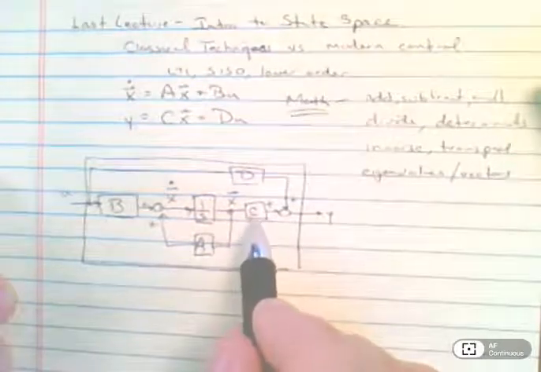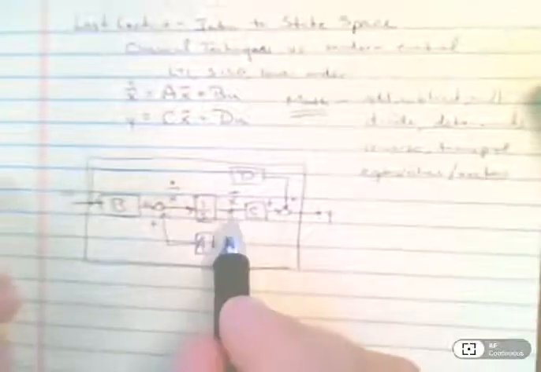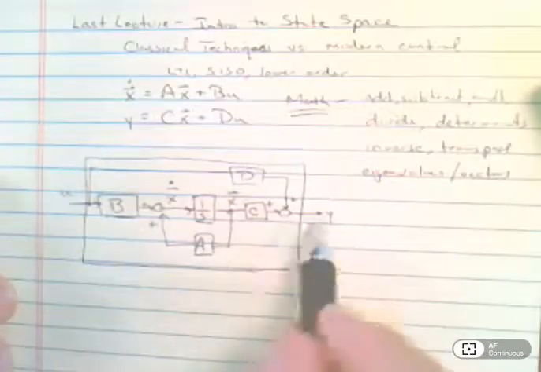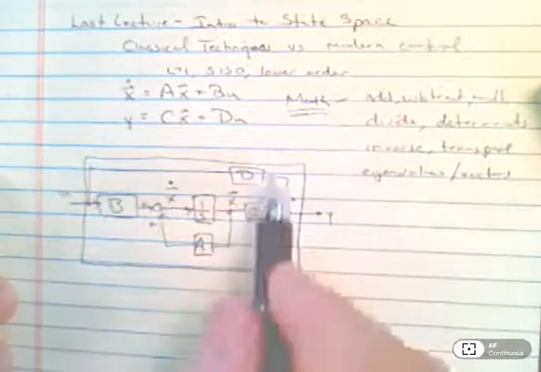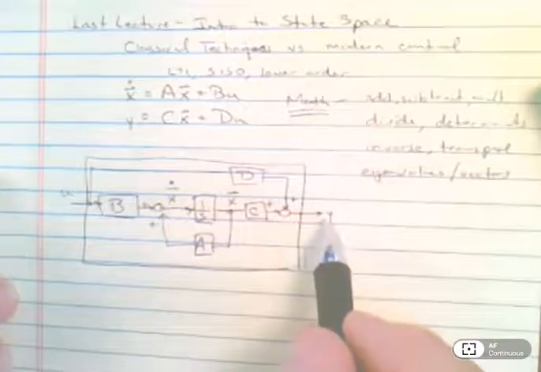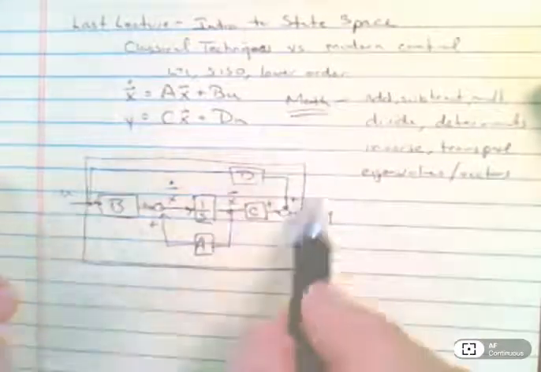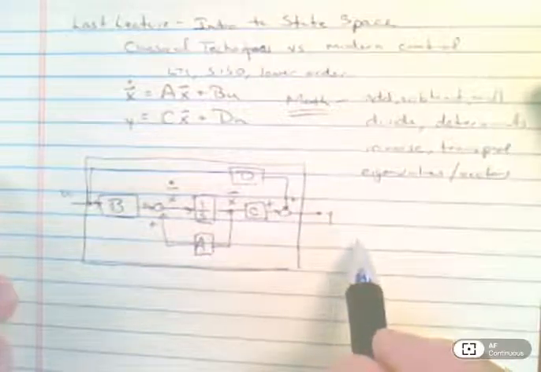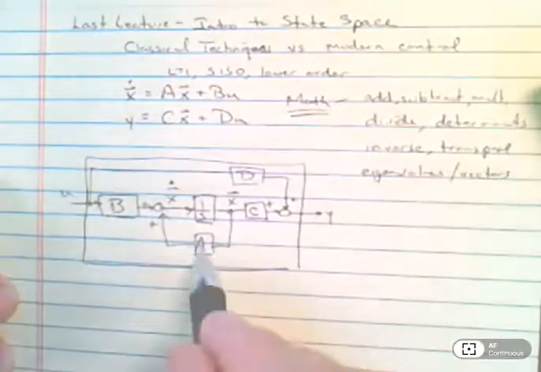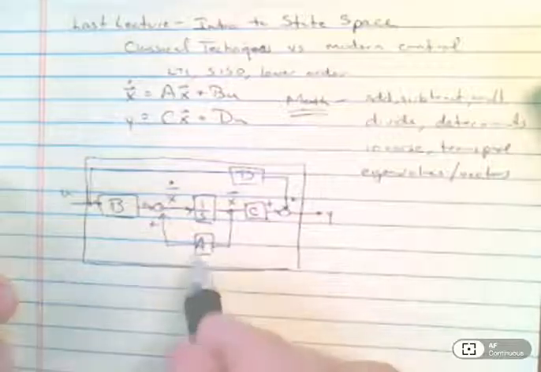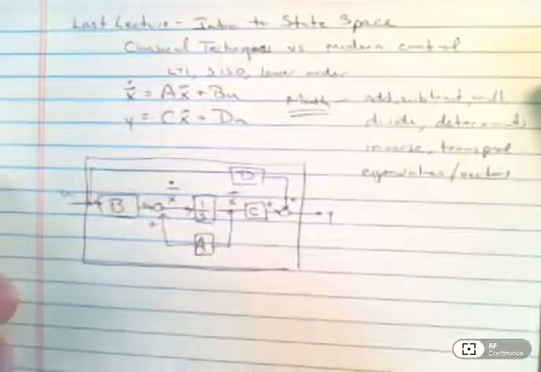And C dictates of all the state information what you're allowed to see on the output. And then D is just our feed-forward term, allowing us to also see the input being conveyed all the way through the system. But it's very interesting to note that A is the feedback term. The A matrix holds our dynamic information.